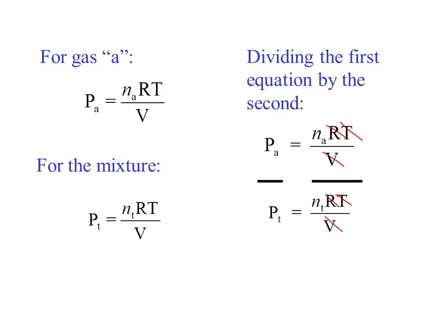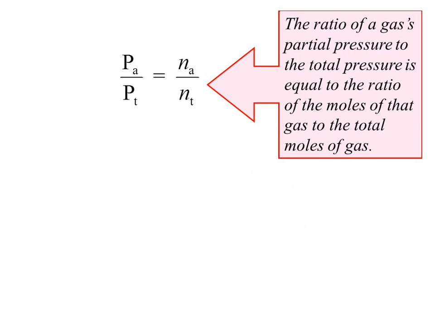So you're going to see here in a minute this thing reduced as a ratio: the partial pressure of A to the total pressure is equal to the number of moles of A to the total number of moles. It's a wonderful thing. That's not the form we usually use it in.